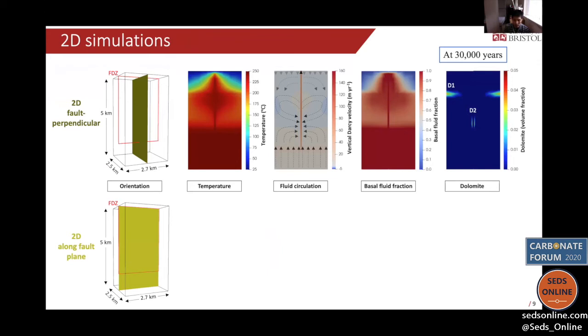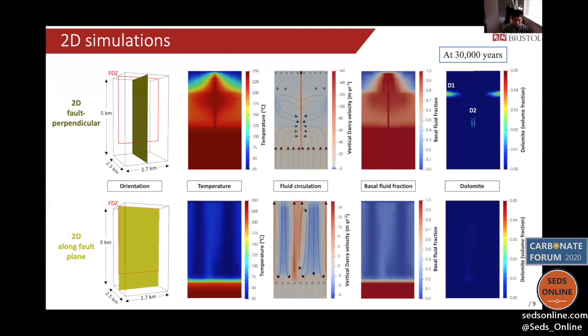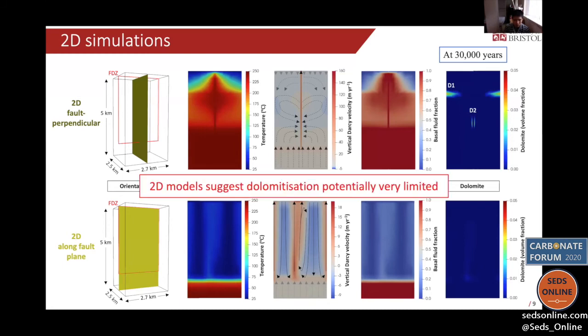There is a high flux of hot fluid within the FDZ, but the rate at which magnesium-rich seawater is entrained into the matrix is low, and the dolomitization is negligible. The 2D model along the fault shows convection of a lot of magnesium-rich seawater within the FDZ, but it maintained temperatures that are too low for dolomitization to occur. So both 2D models suggest dolomitization is potentially very limited.